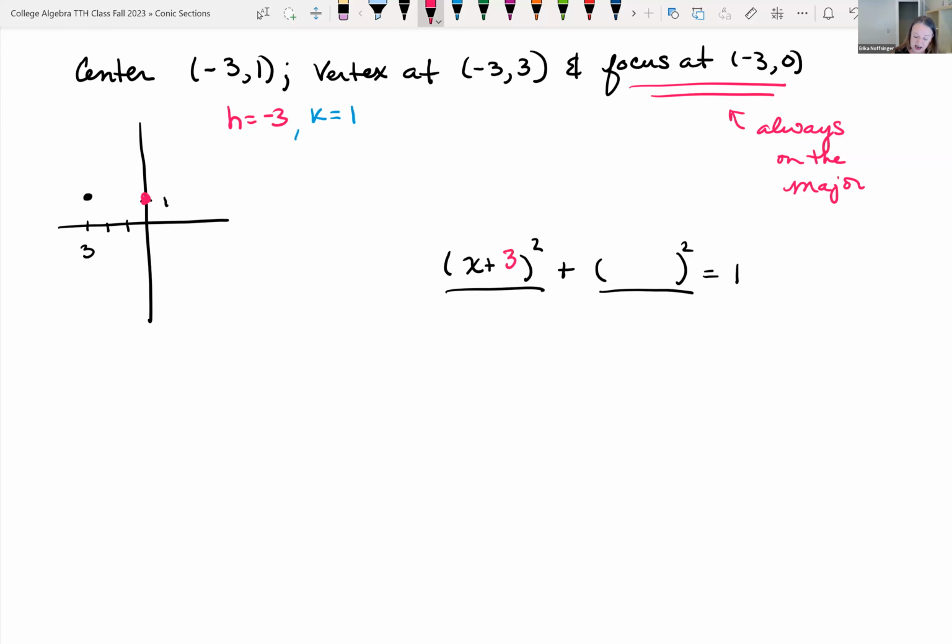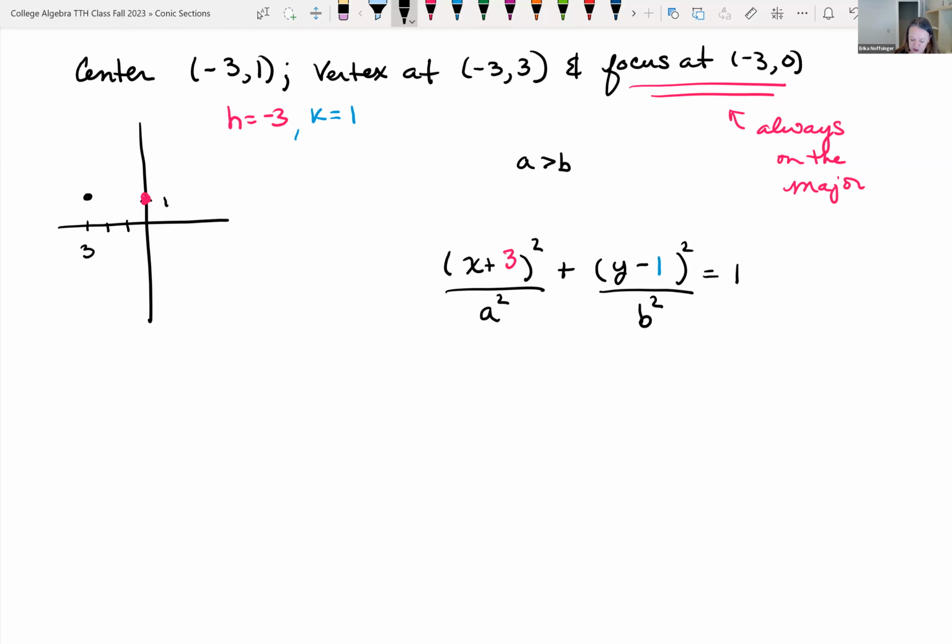And then plus the other perfect square is y minus k, so y minus 1. Again, I know that the larger value is in the denominator of the x's. We have an a squared and we have a b squared over here. a is bigger than b.